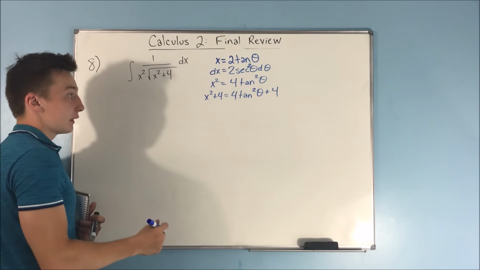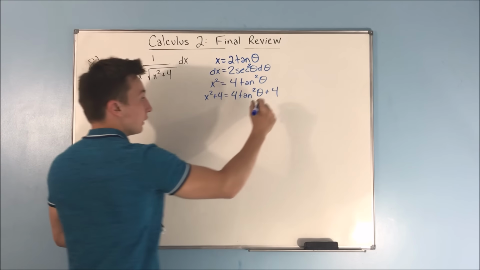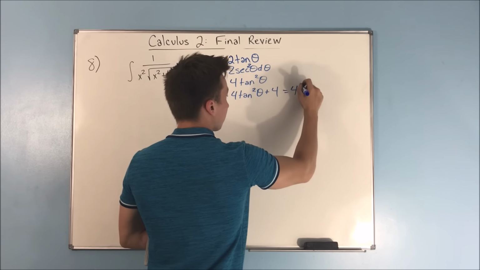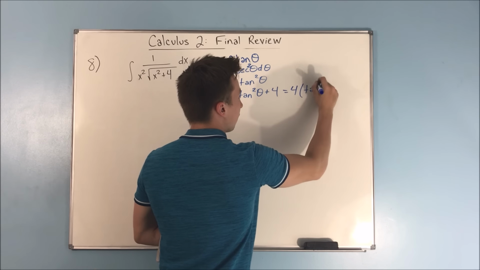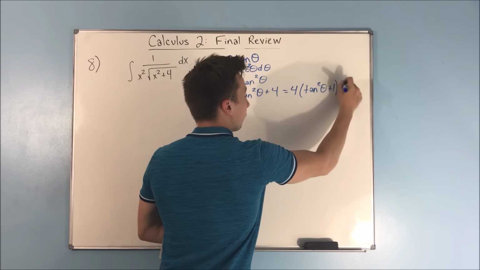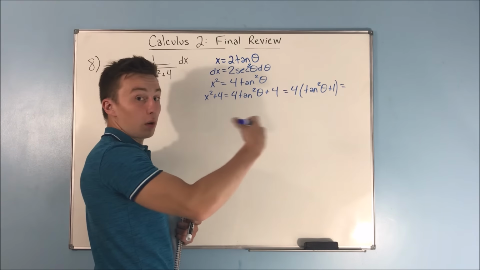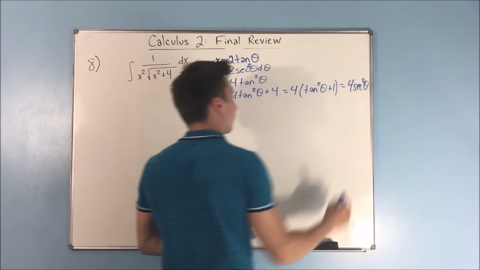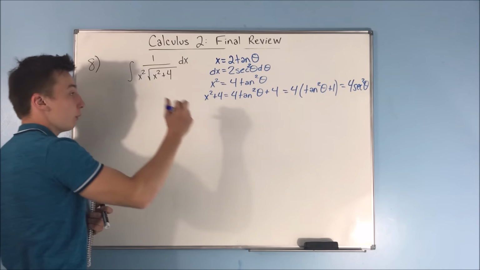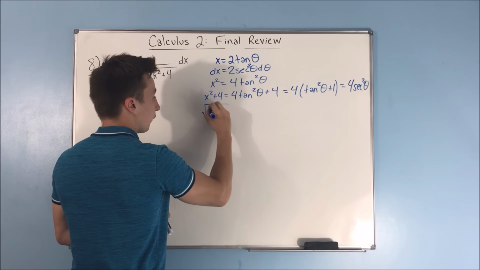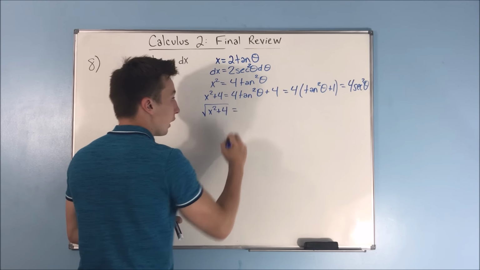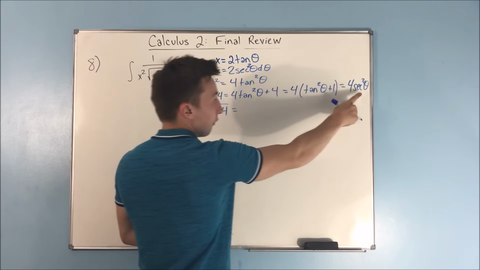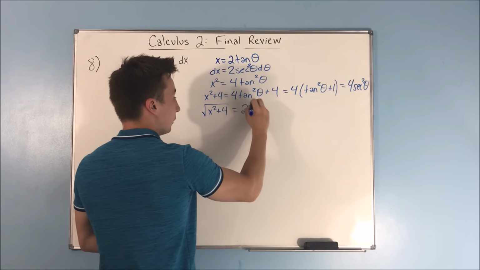And you can factor out that 4 to get 4 times tangent squared theta plus 1, which is equal to 4 secant squared theta. Now we have a square root of x squared plus 4, and that means we're taking the square root of this, which is just going to be 2 secant theta.